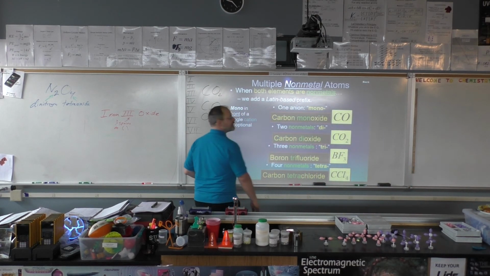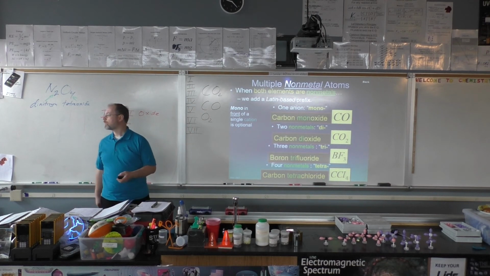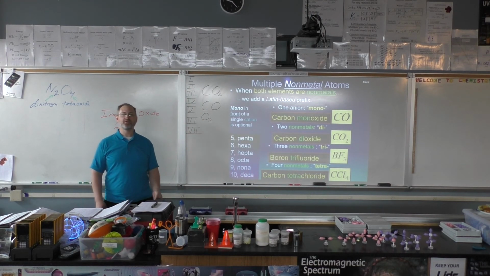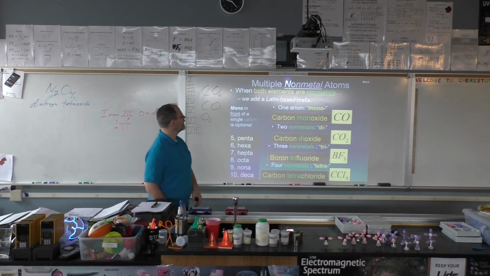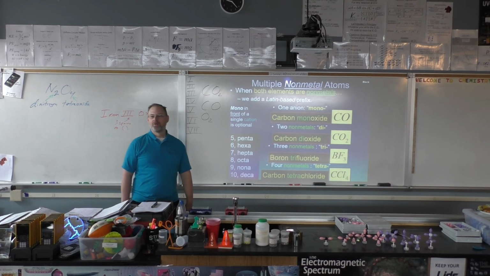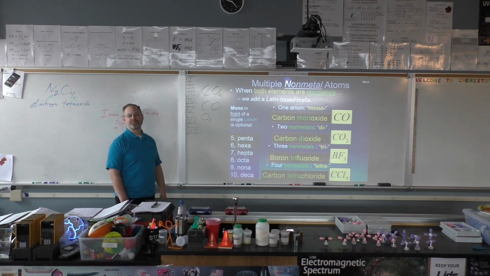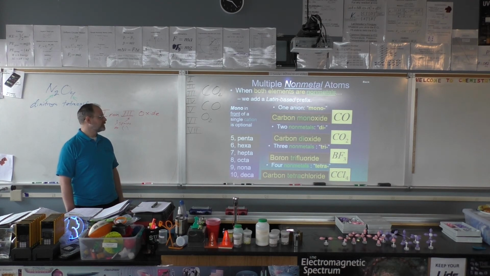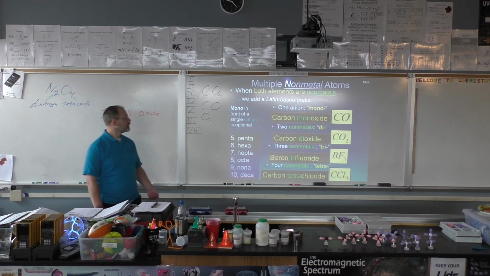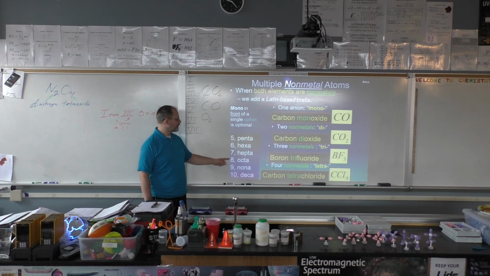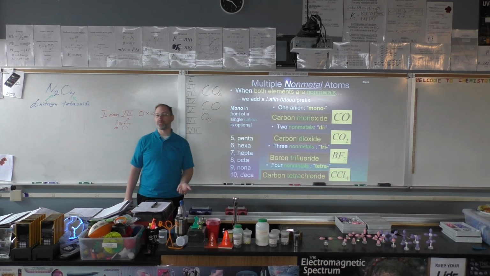So, okay, does that make sense? If you want to know what the other prefixes are, here they are. But you're very rarely going to see them. And they basically work just like geometry. So, penta, hexa, hepta, octa, nona, deca, just like geometry.